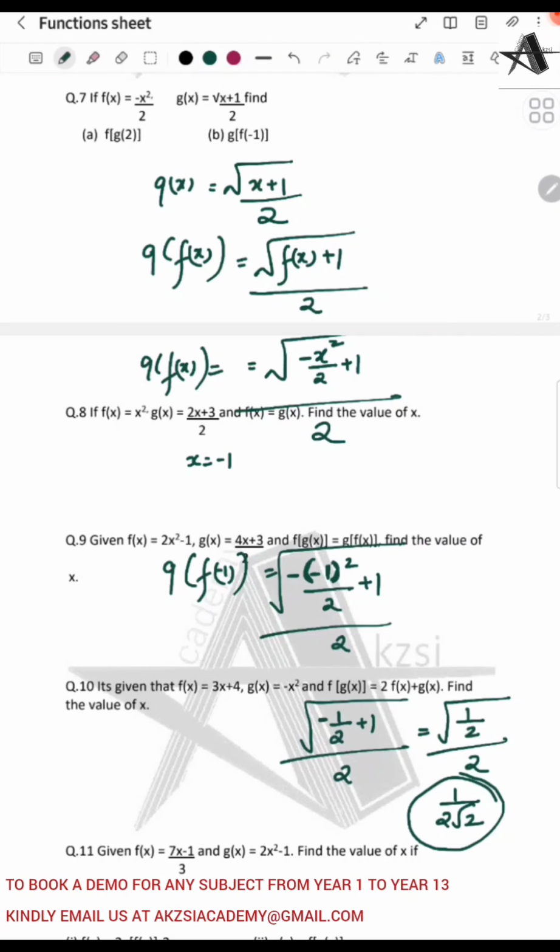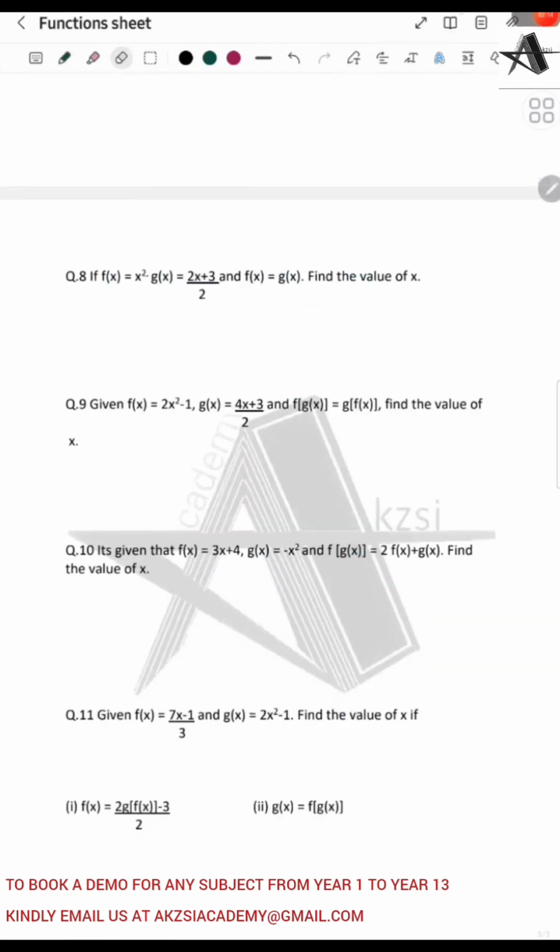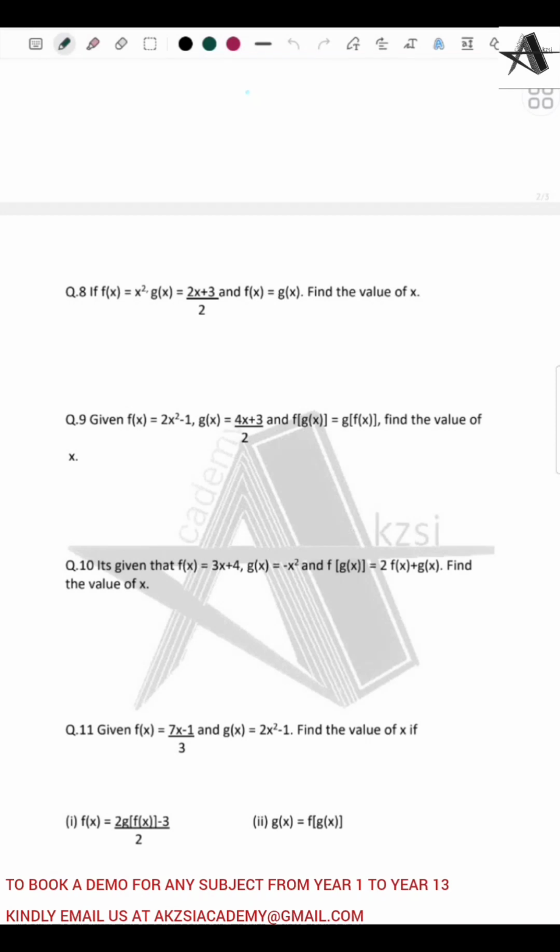So moving on to the next question. It's given as f(x) equals x squared and g(x) equals 2x plus 3 over 2. If f(x) is equal to g(x), then we need to calculate the value of x. That means we just need to equate these two functions.